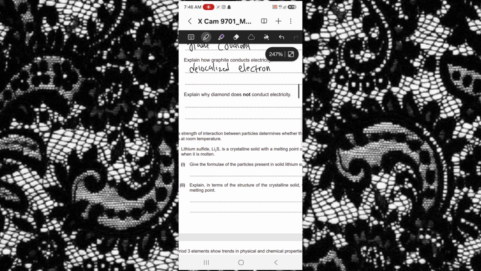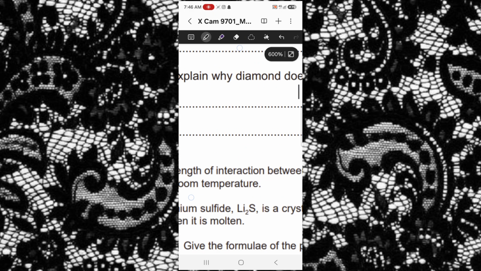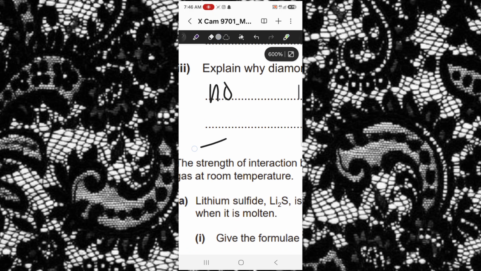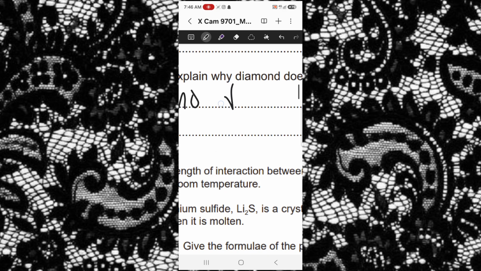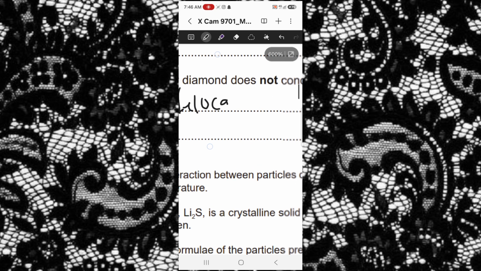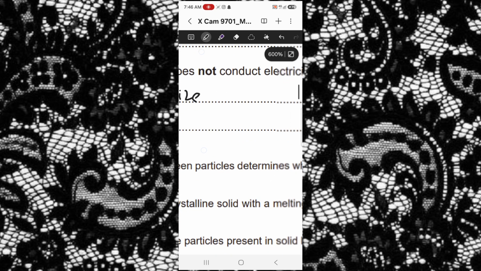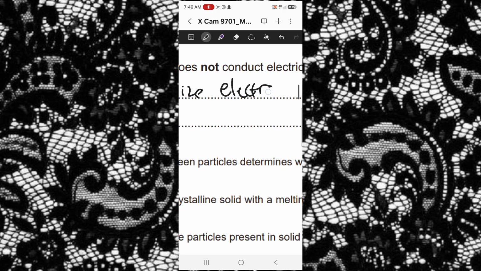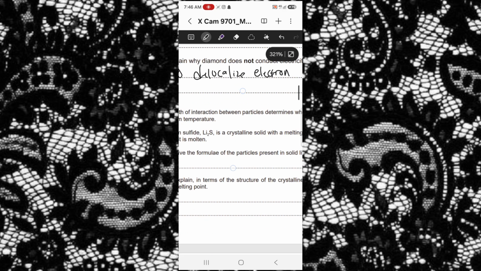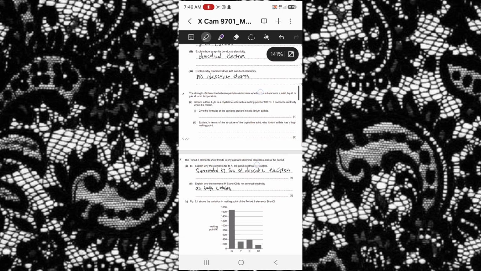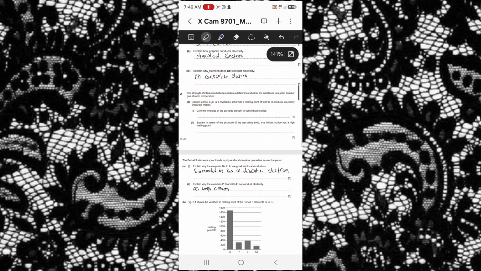And then explain why diamond does not conduct electricity: because there is no delocalized electron. Okay, and then next, lithium sulfide, Li2S, is a crystalline solid with a high melting point. It conducts electricity when it's molten. Give a formula.